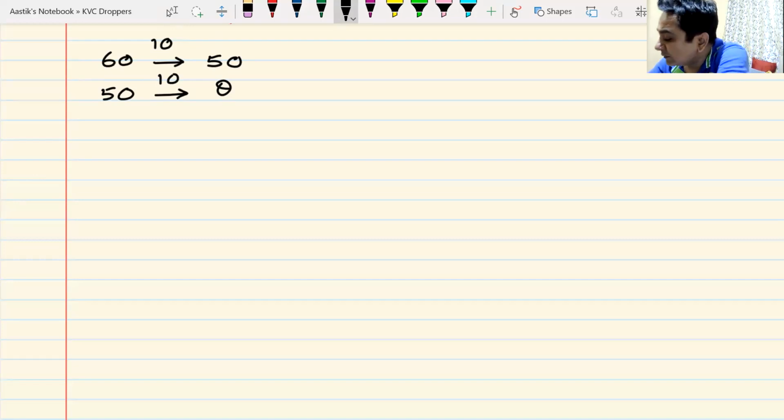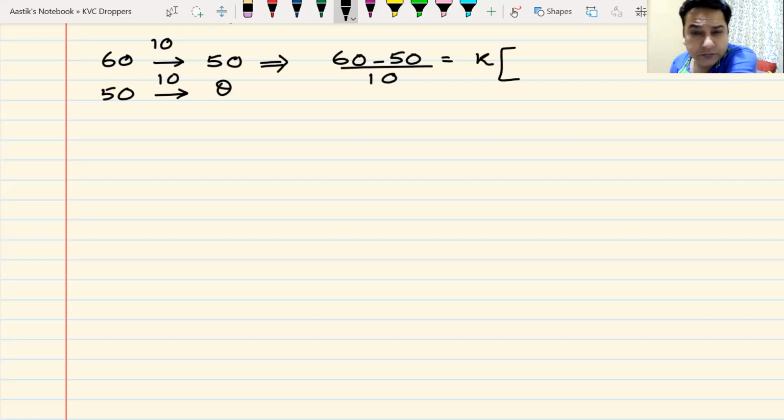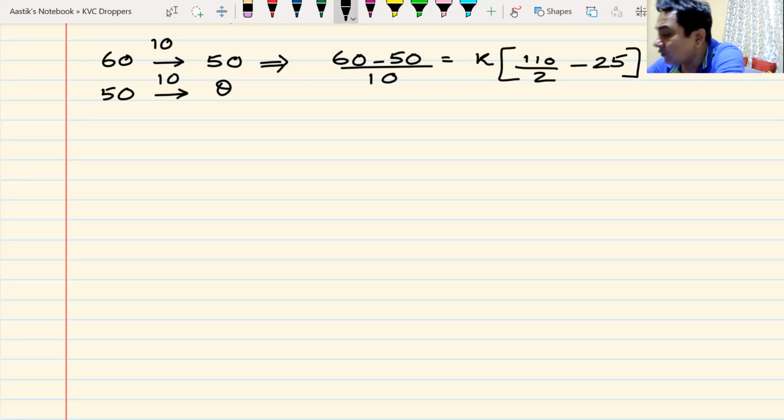I make the equation for this one: (60 minus 50) divided by 10 will be equal to K times ((60 plus 50) divided by 2, which is 110 divided by 2, minus the ambient temperature, 25). Do we understand this?